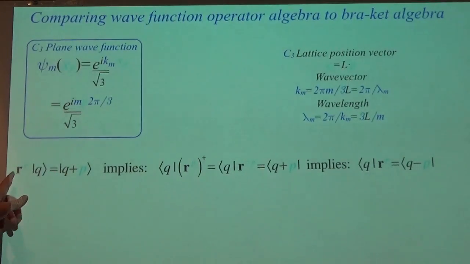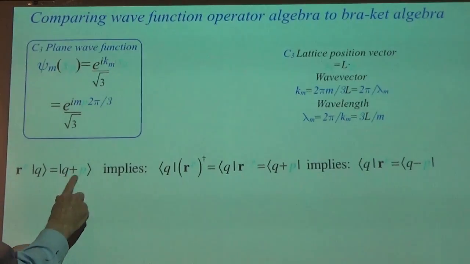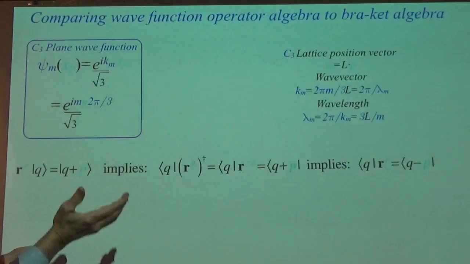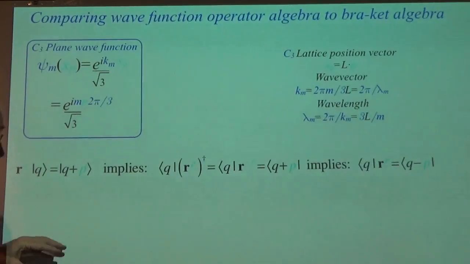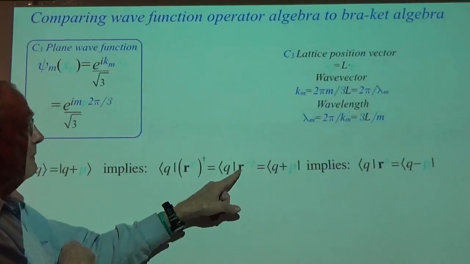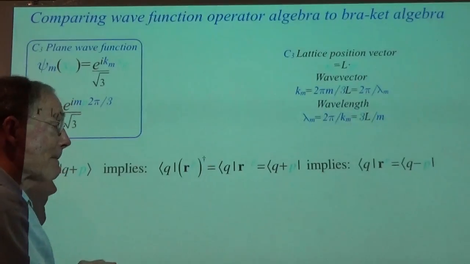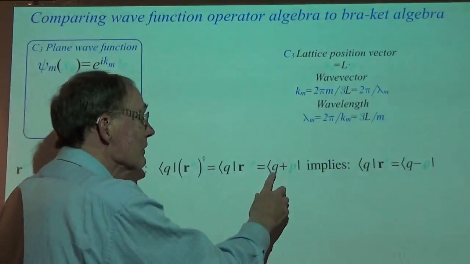And when we apply an r to the pth power to something that is at a position q, and these are integers again, modulo 3, I mean to talk about the position q plus p. So I'm moving the thing around the circle by p steps. That implies the inverse of this, which is r to the minus p power, of a bra, which is rp dagger, should be equal to q plus p.